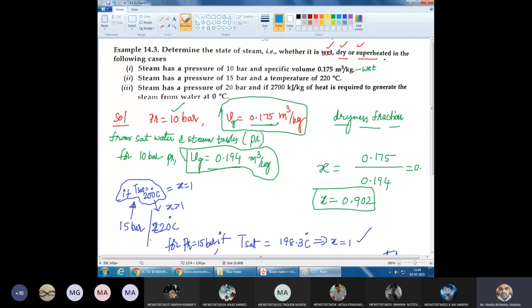Now, the third case given: steam has a pressure of 20 bar and 2700 kilojoules per kg of heat. What is this heat? It is nothing but enthalpy, yes or no? This 2700 kilojoules per kg of heat is required to generate the steam from water at 0 degree centigrade.